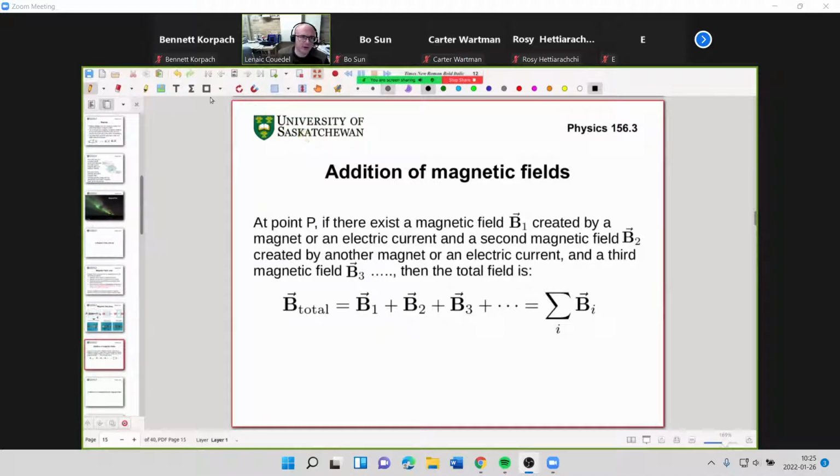So if I make an example, I have a magnet like that, and another magnet like that. For simplicity, we'll consider a north pole here, south pole here, south pole here, and we'll consider point P right there. What is the total magnetic field? Well, this is B1, created by magnet 1.